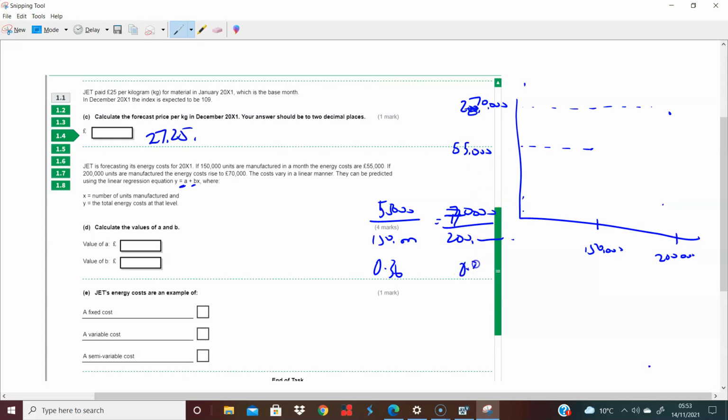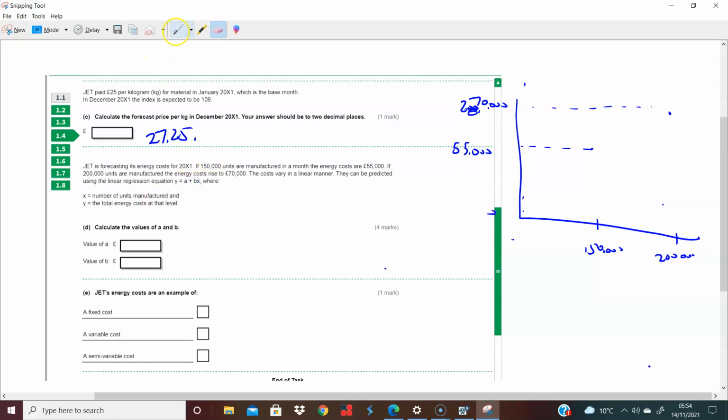So they're not the same. You can see some economies of scale could be the reasoning for that. So I know it's not all variable. It makes no sense to give you this if it was purely variable.